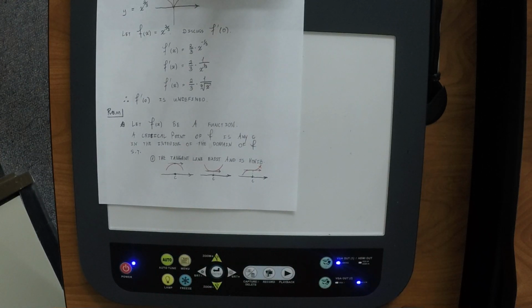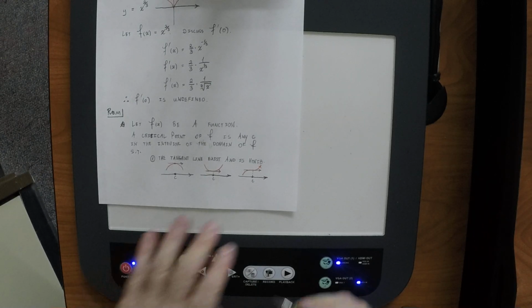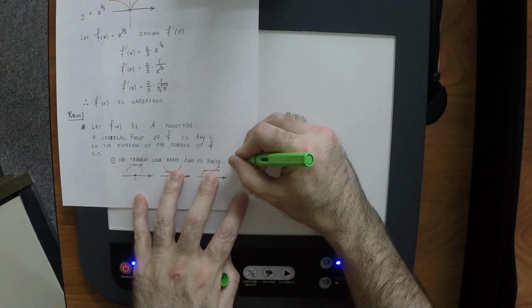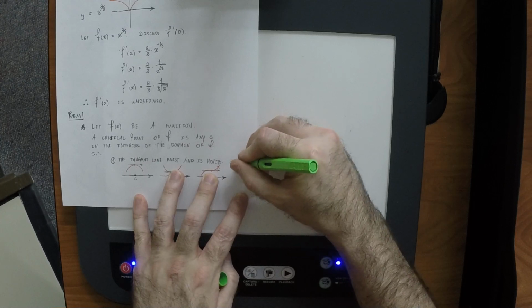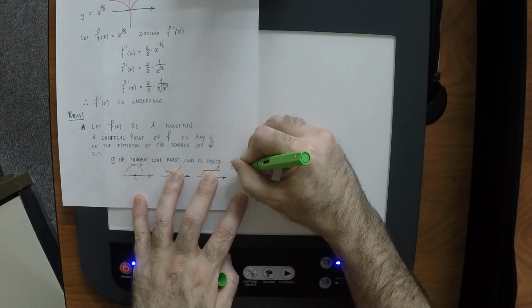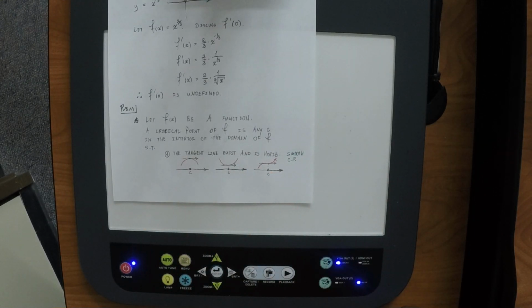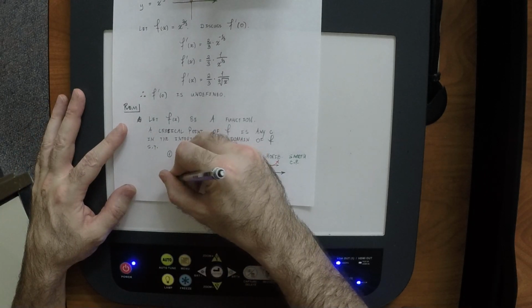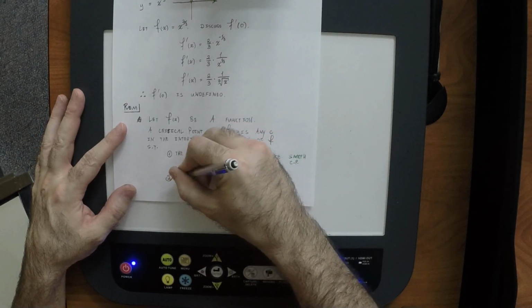So such points, sometimes the phraseology is calling this a smooth critical point. The other possibility is that the tangent line does not exist.